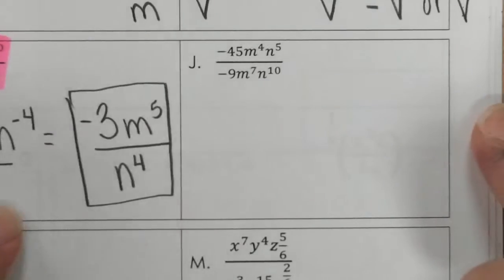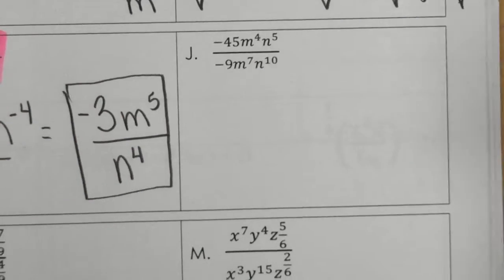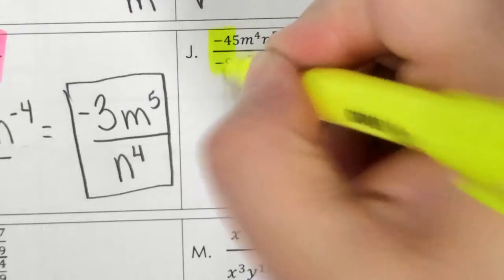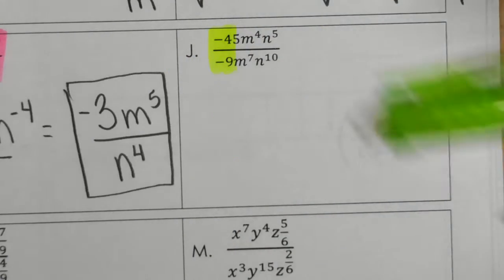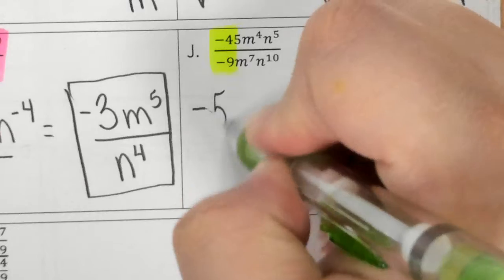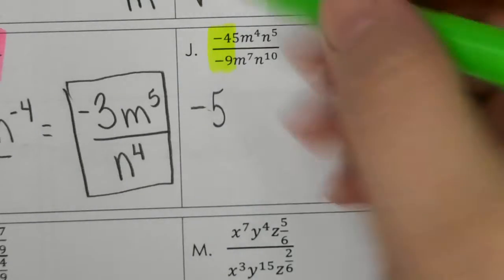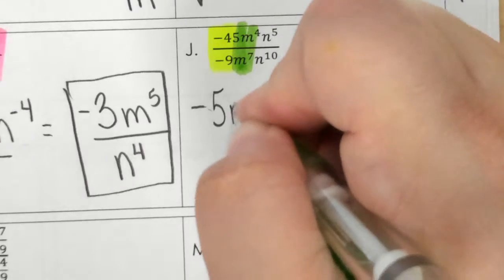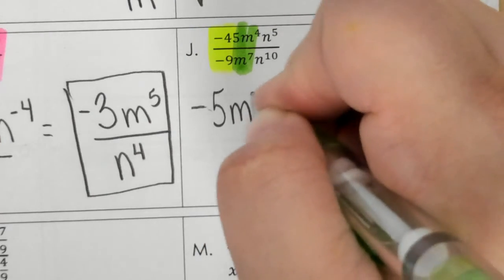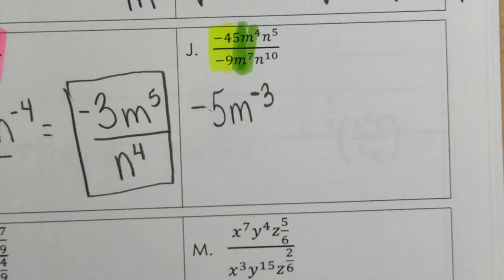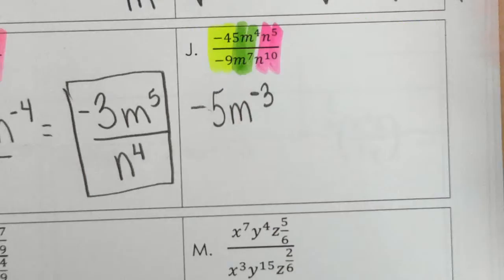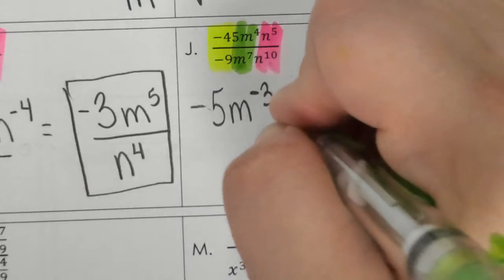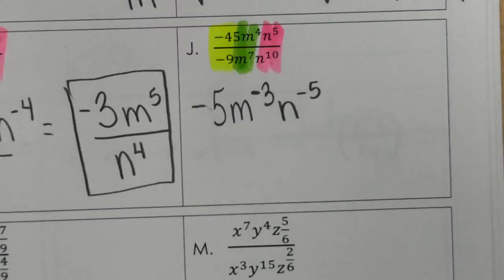Okay. For J, same method. So let's reduce the 45 and the 9. So negative 45 divided by 9 is negative 5. For M, we have 4 and 7. So 4 minus 7 is negative 3. And then 5 minus 10 is a negative 5.